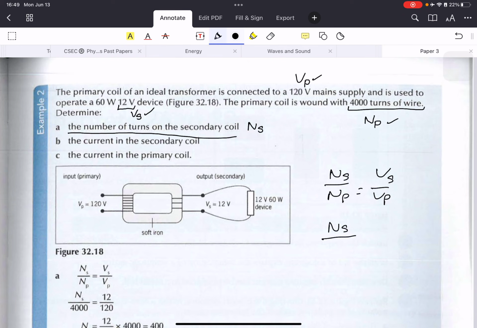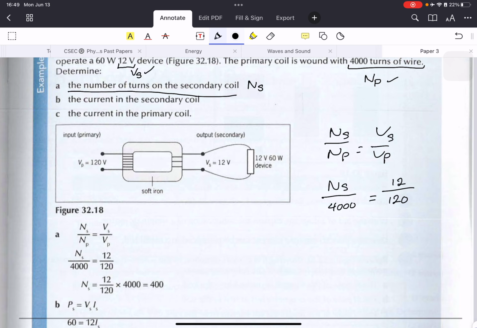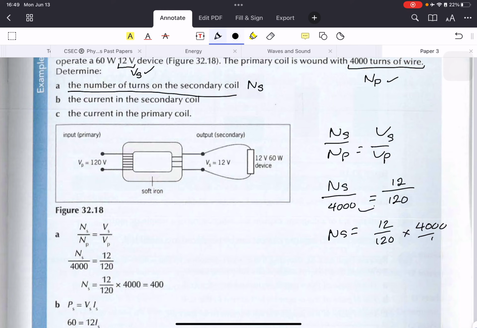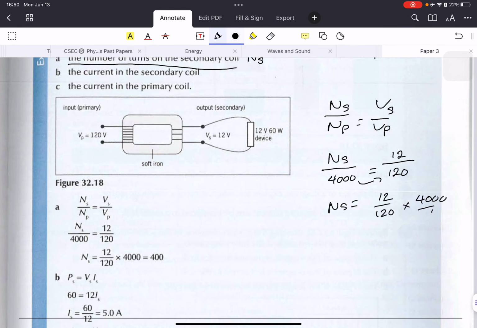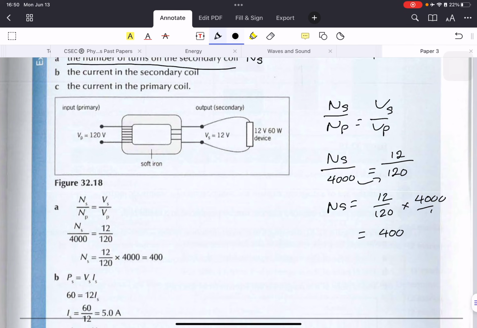We have NP, which is 4,000, VS is 12, and VP is 120. So all that's left to do to find NS, we take the 12 over 120 and we multiply it by 4,000. So we bring this 4,000 on that side, right? And you will get 400 coils or turns of wire, right?